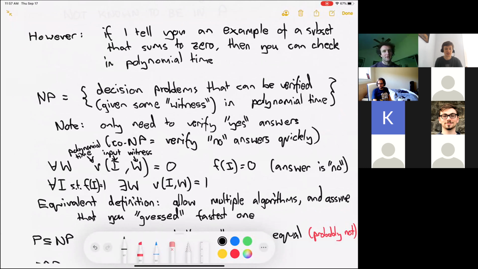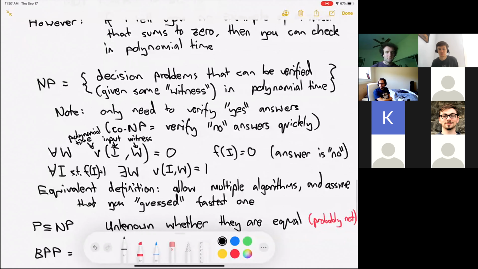Right? Okay. Yeah. So if you tell me a list of some that add up to 0, then I can check that that's true quickly, and then I'll know that the answer to the problem was yes. And for any case that has a yes answer, there'll be some subset that adds up to 0, and so there's some witness that will let me solve the problem efficiently. Okay.